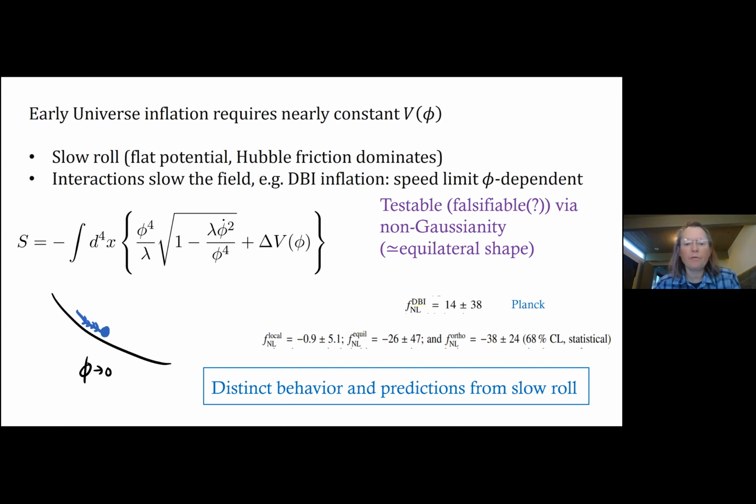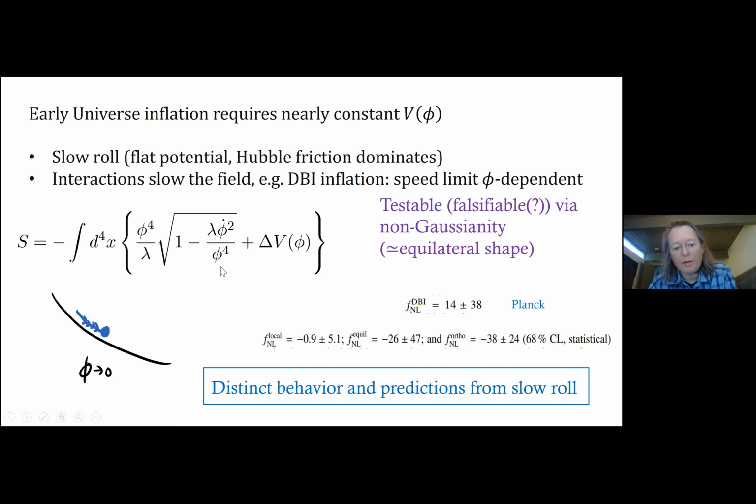One is called slow roll inflation, where you have a potential energy which is flat in a certain sense, where the physical evolution of this field on this potential is dominated by friction, just like in high school physics, where you have an inclined plane problem, and you can get in a regime where friction is important.